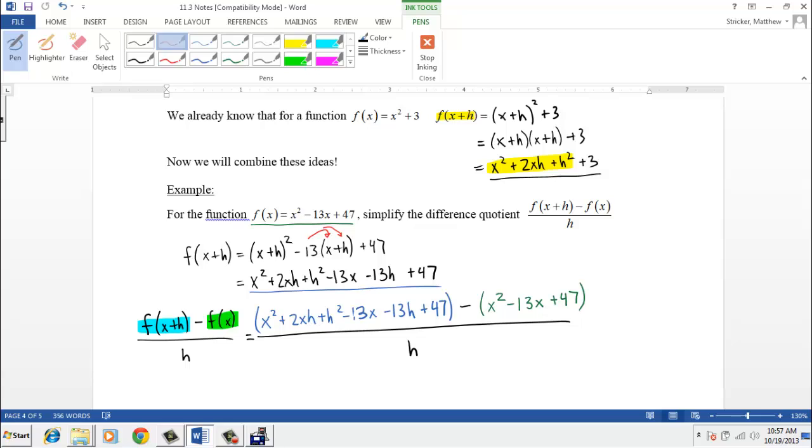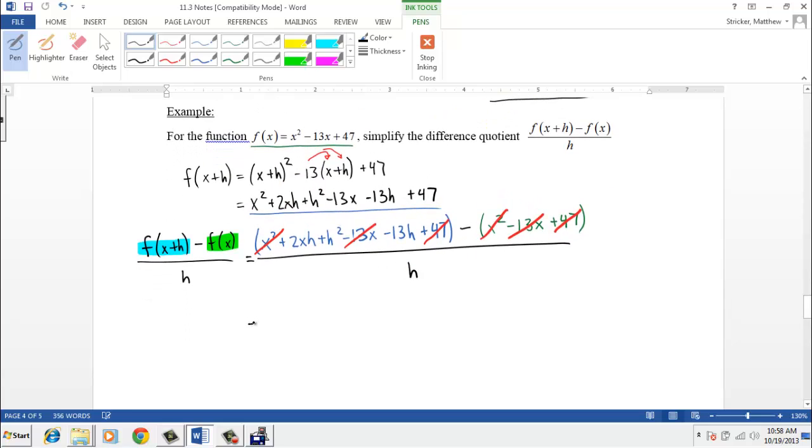Well, when we subtract away, some things disappear here. We're subtracting x squared minus x squared, so the x squareds will cancel. We're also taking a negative 13x and subtracting away a negative 13x, so those will cancel. And we have a 47 minus 47. So after doing that, what we have left is 2xh plus h squared minus 13h over h.